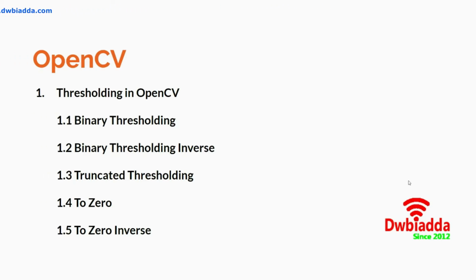Binary thresholding is one of the basic thresholding techniques. It says that suppose you have set the threshold. If the pixel intensity is greater than the cutoff value, the pixel value would be set to 255. Otherwise it would be set to 0, right? So suppose you have set a threshold value of 120.